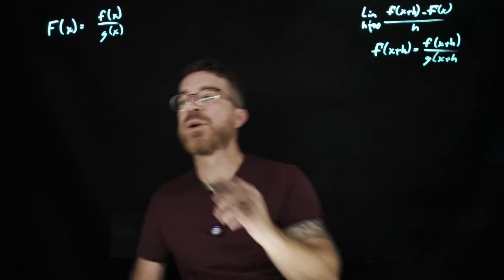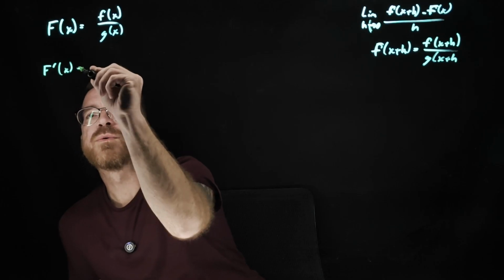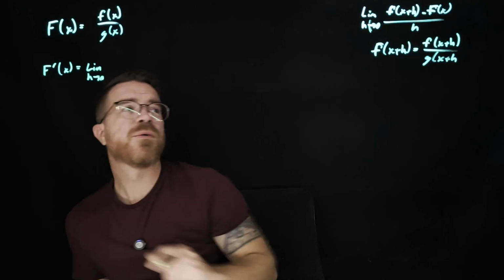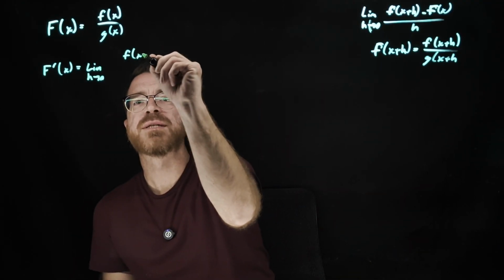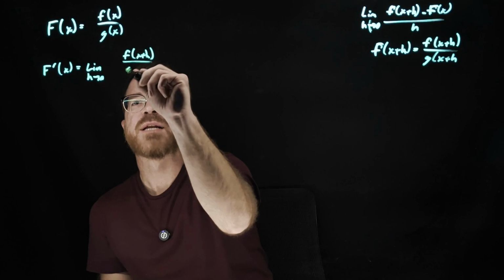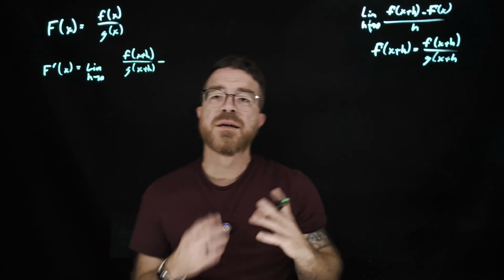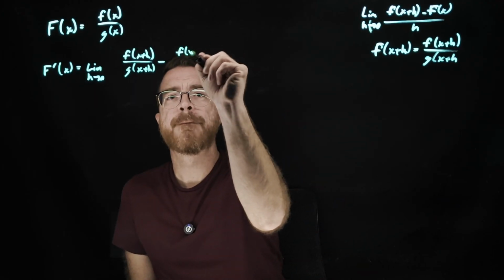So now let's figure out what our derivative is. Our derivative, F prime of x, is going to be equal to the limit as h goes to 0 of f of x plus h, divided by g of x plus h, minus f of x divided by g of x.